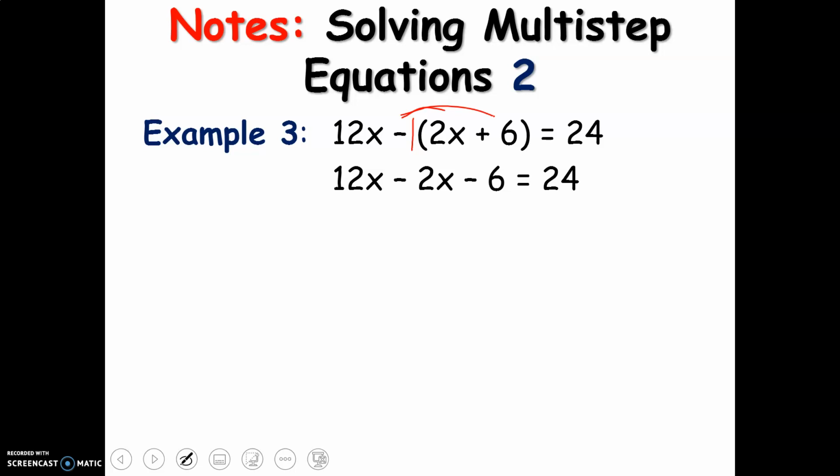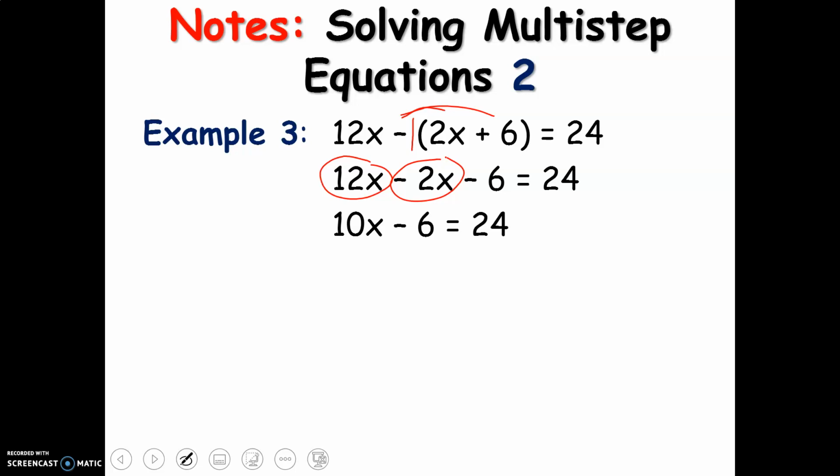We then want to combine our like terms. We know that 12x and negative 2x are like terms because both of them have the variable x. 12x minus 2x is 10x. So this becomes 10x minus 6 is equal to 24. We'd like to solve this equation for x, so we must first remove the minus 6.